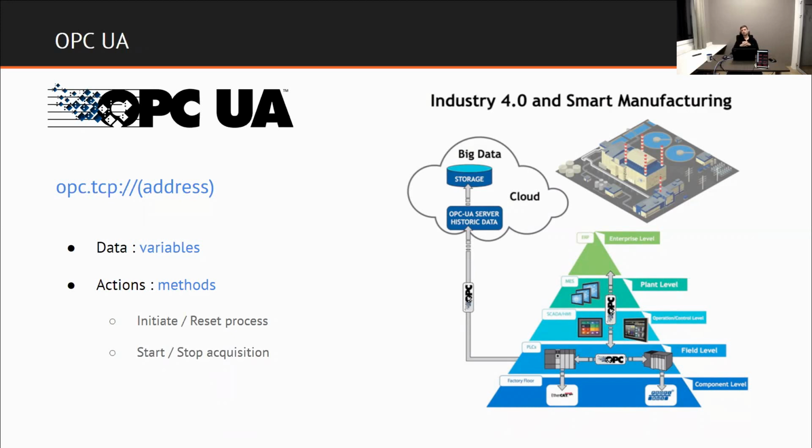And it is quite easy to use. So OPC UA is able to put thousands of devices under the same internet URL. It's opc.tcp://something. From there, you can control the devices, fetch the data, monitor their state, etc.